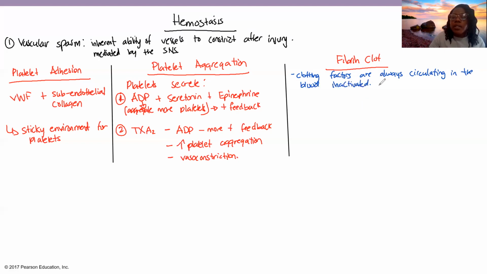In its inactivated form, it's just a Roman numeral, or just the number of that factor, but when it's activated, it's going to have that A next to it. And the second thing we want to understand is that these are made by the liver.